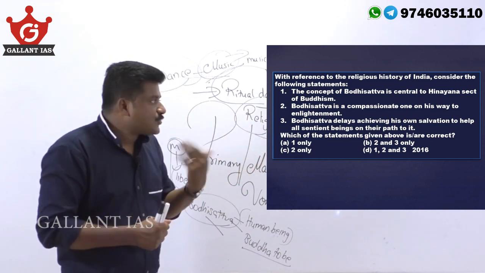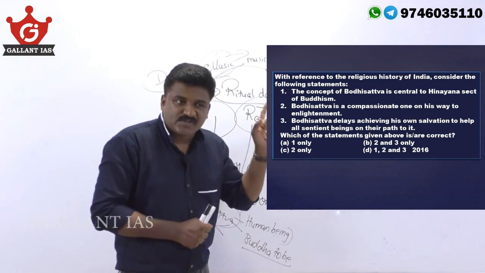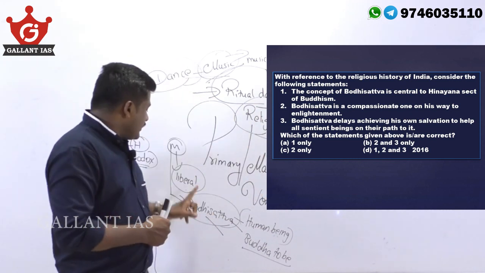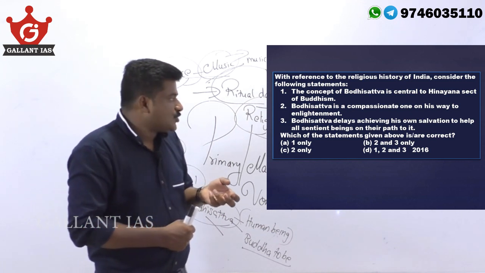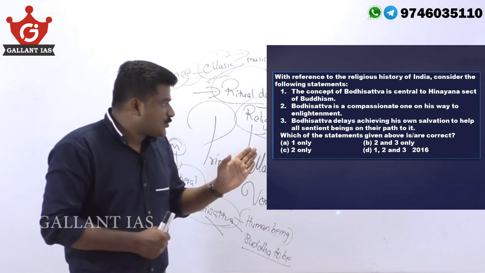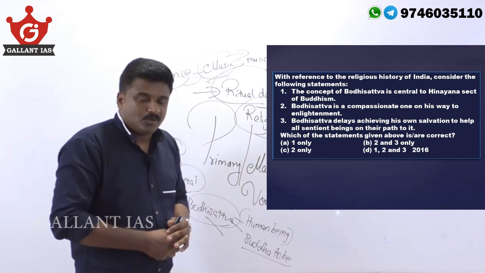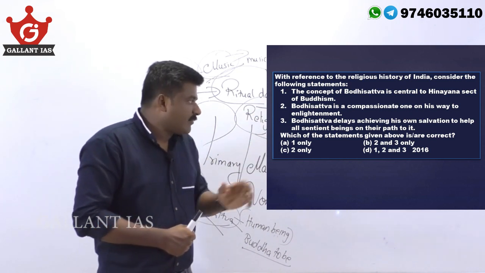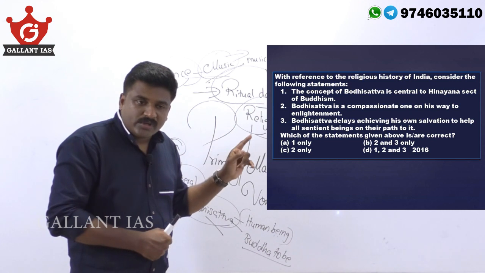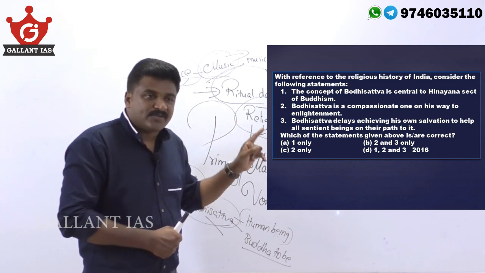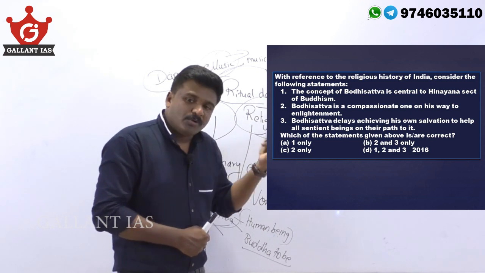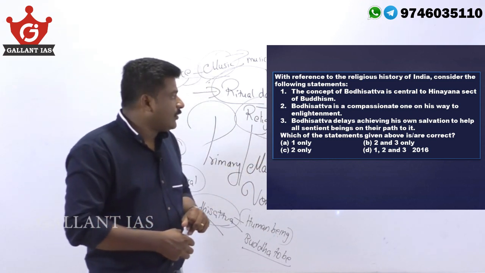The concept of Bodhisattva is central to the Hinayana sect of Buddhism, which is absolutely wrong. We said Bodhisattva is central to Mahayana Buddhism. So you will be eliminating choice A and choice D. Now C and B remain, in which 2 is common. That means the second statement is a correct one. Now you check the validity of the third statement only.